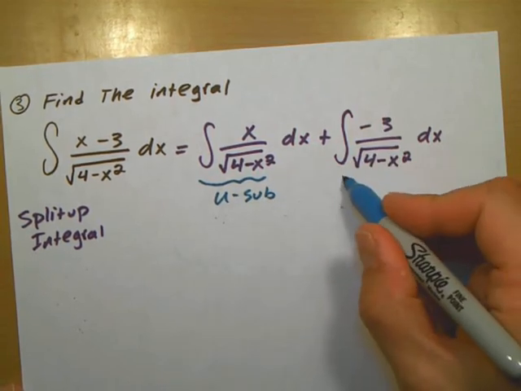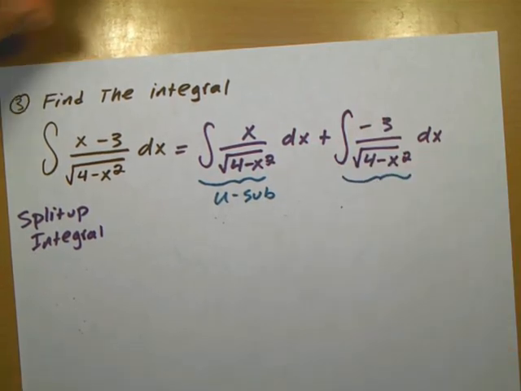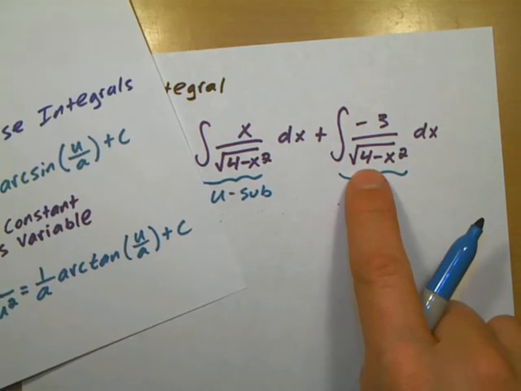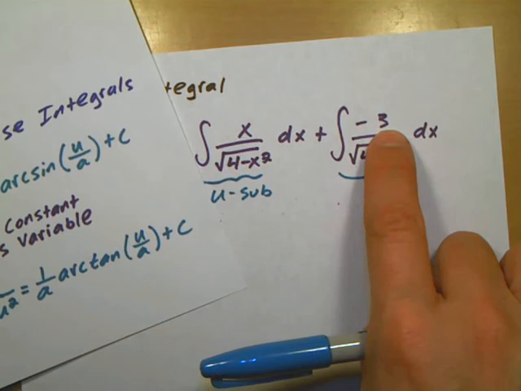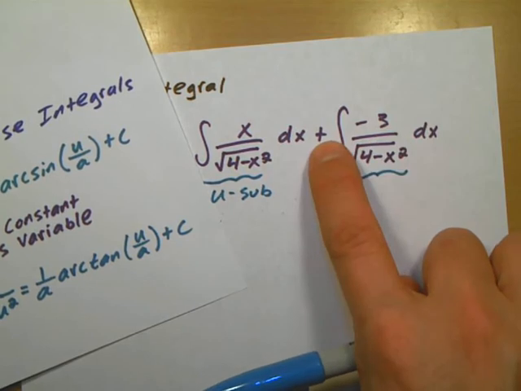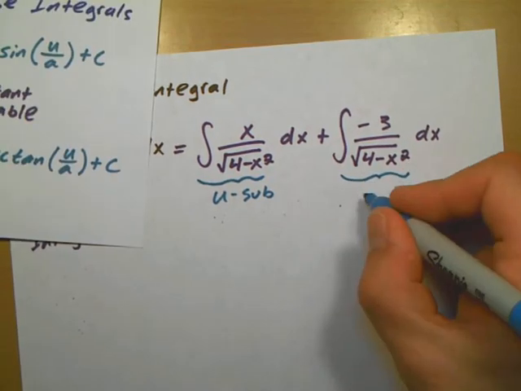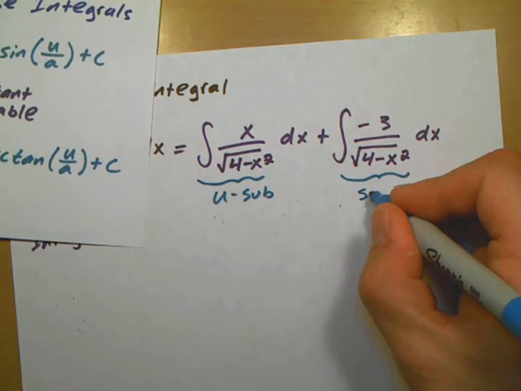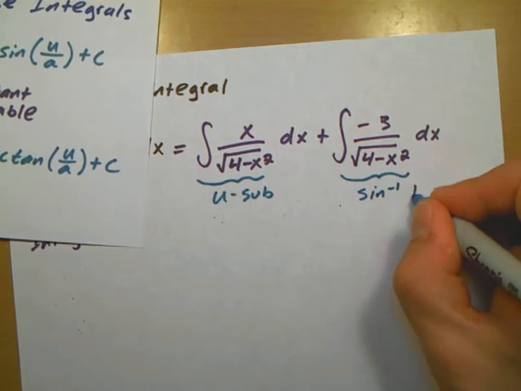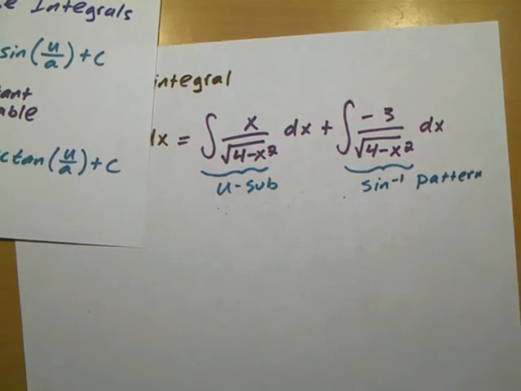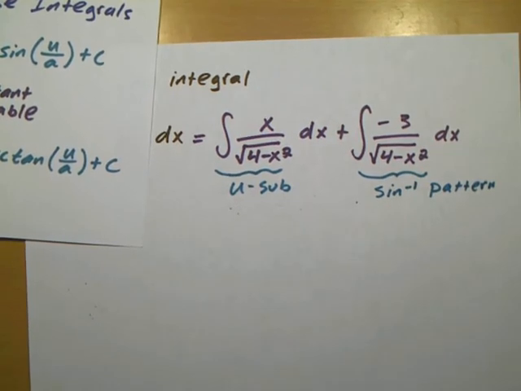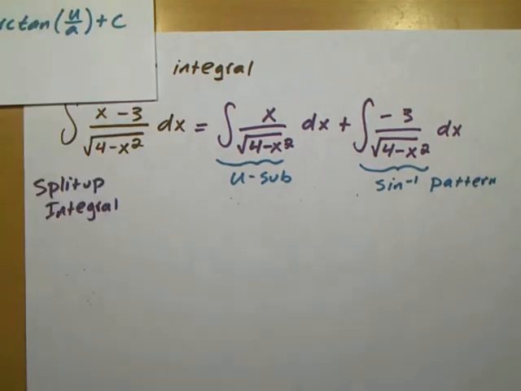This one over here follows the arcsine pattern because I have a constant squared minus a variable squared. The negative 3 is just a constant which I can factor out in front. So this follows the arcsine, the sine inverse pattern. Then it's just a matter of doing each separate integral.